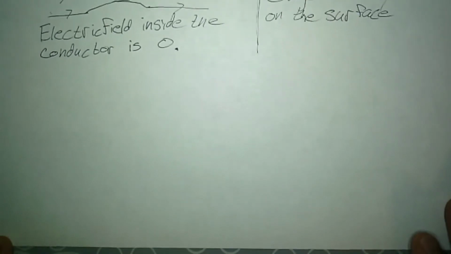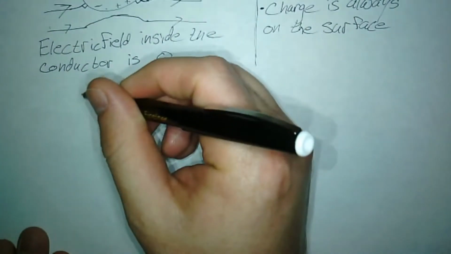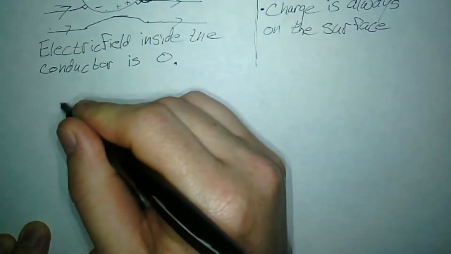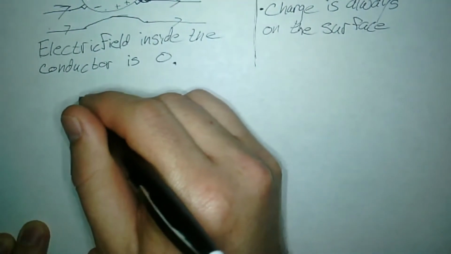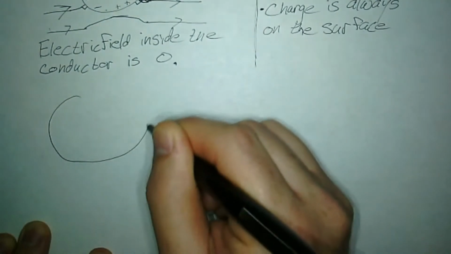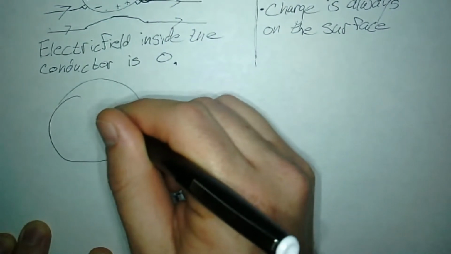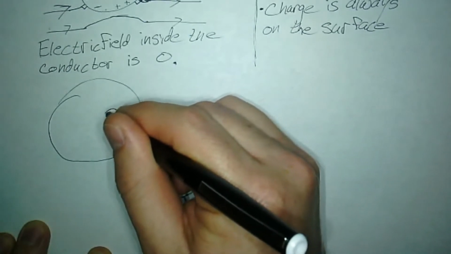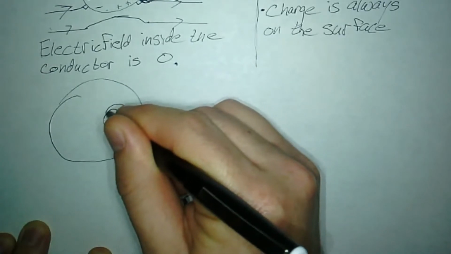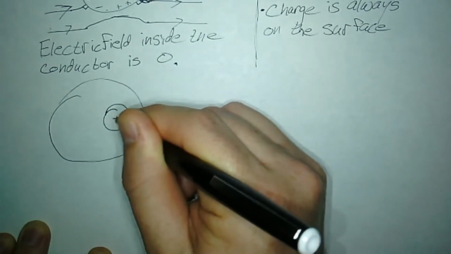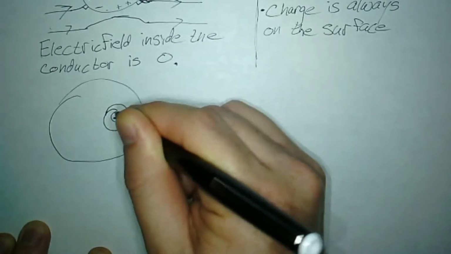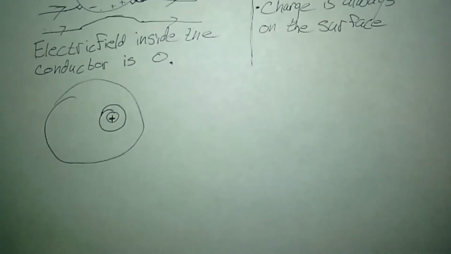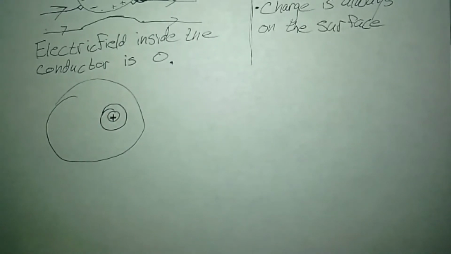So if I took a conductor, a solid metal of some sort, a sphere, and I hollow out a cavity somewhere that's not the center, and I place a charge inside that cavity, what does the electric field look like inside and outside that cavity?